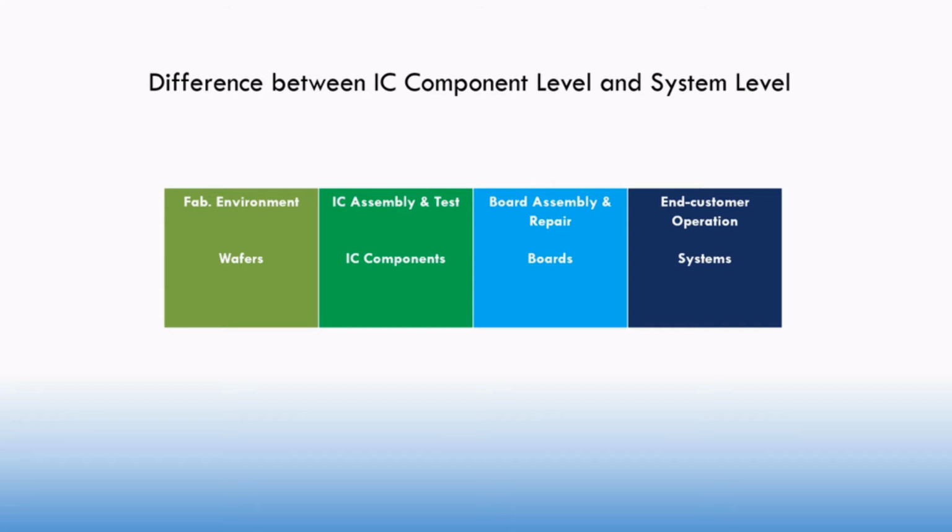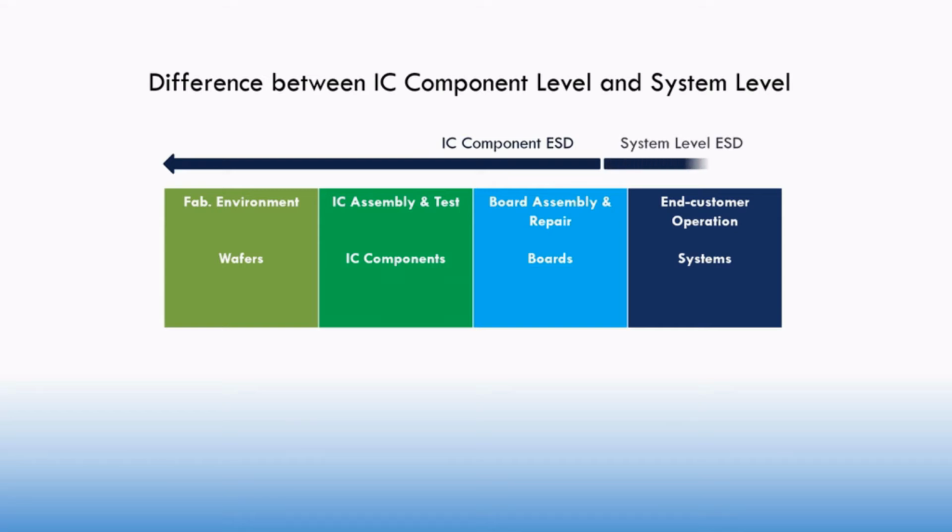Three, board assembly and repair for boards. And four, end customer operation, when we work with complex systems such as PCs. The first two work at component level. The last one works at system level. The third one can work in both levels.